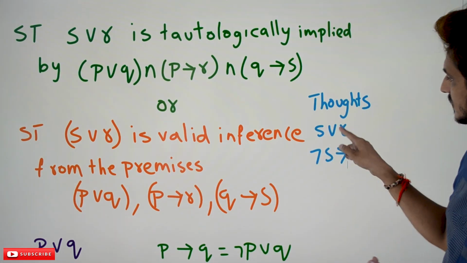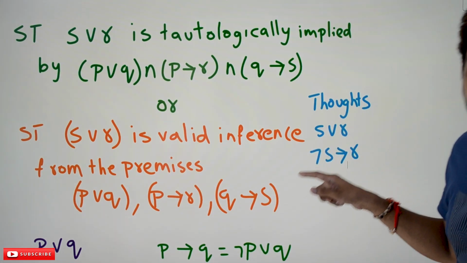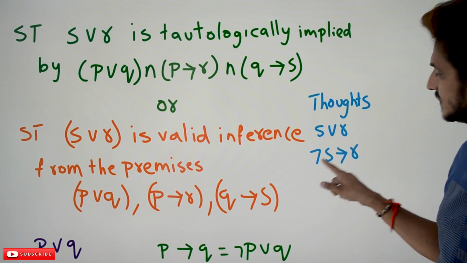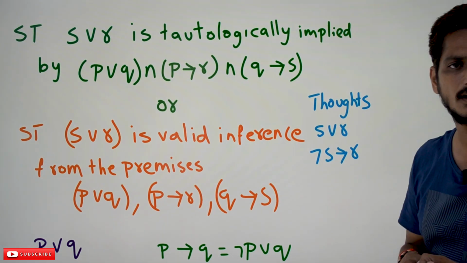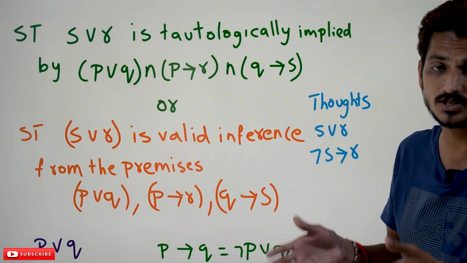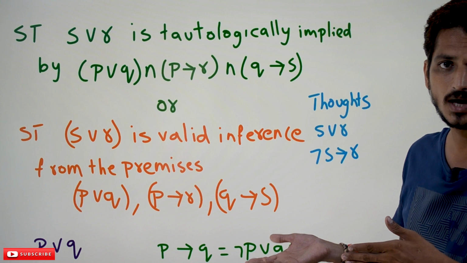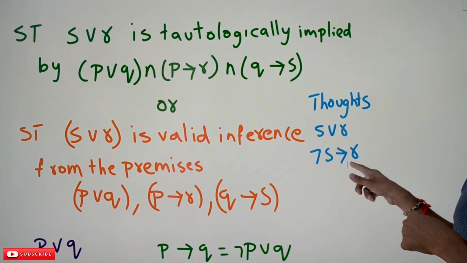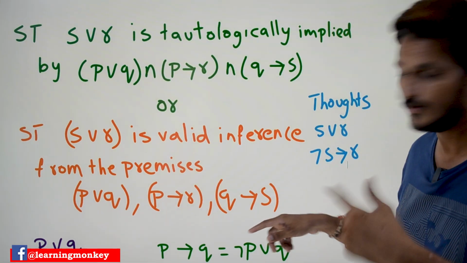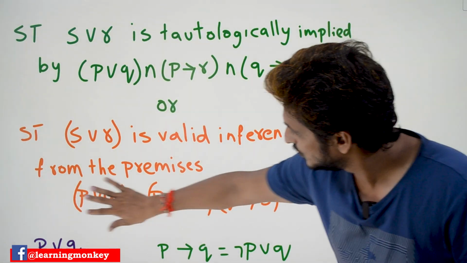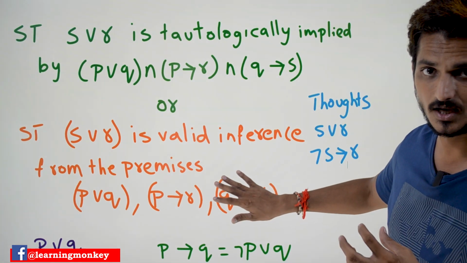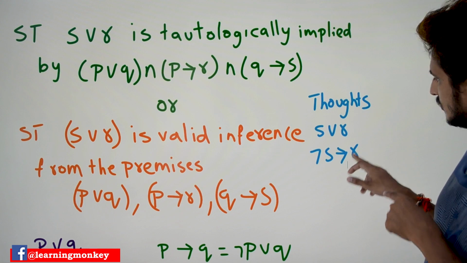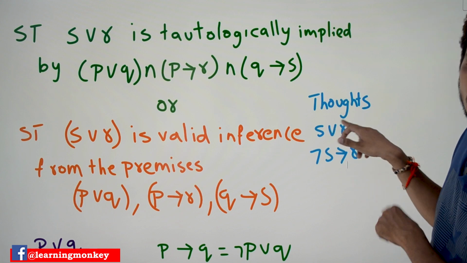So S disjunction R can be written, from the equivalence formulas, as negation S implies R. P implies Q can be written as negation P or Q. Same as S disjunction R can be written as negation S implies R. Means somehow, if you use the inference formulas on these three premises and conclude negation S implies R, then you can convert this into S disjunction R.